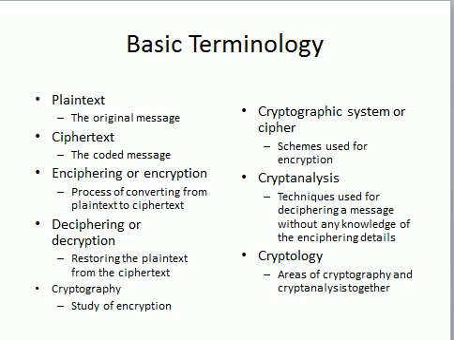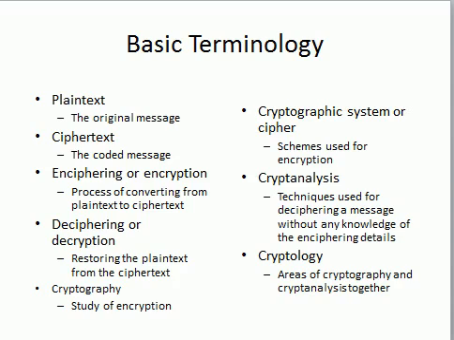The basic terminologies used in this encryption system: first one is the plain text, which is the original message, and the ciphertext, which is the encoded message. The algorithm used to convert the plain text into the ciphertext is called enciphering.